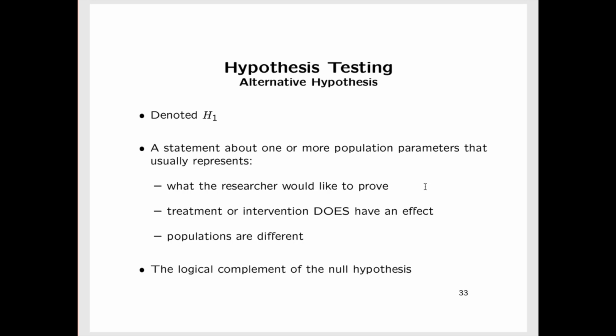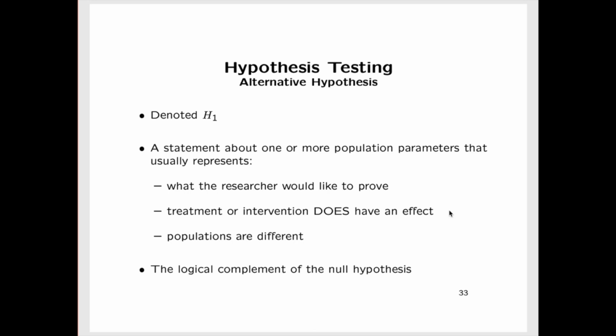All right, so typically a researcher is trying to prove that a new treatment or a new intervention that they've developed does have an impact, has a positive impact. They're trying to show that two or more populations are different with respect to certain parameters, and so forth. And so what the researcher is trying to prove goes in the alternative.